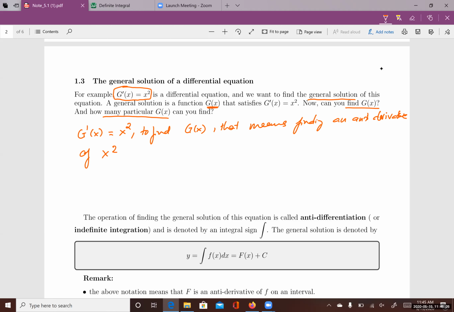Because once you find the antiderivative of x squared, you take the derivative of it, you will get x squared. So what is an antiderivative of x squared?